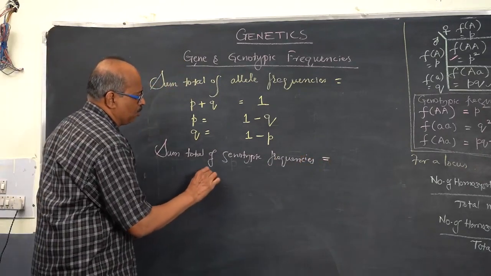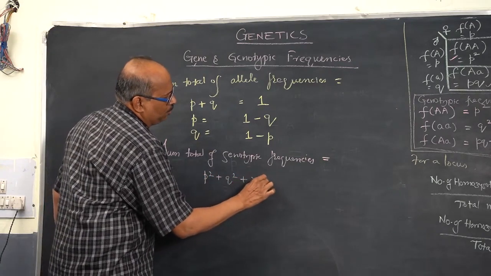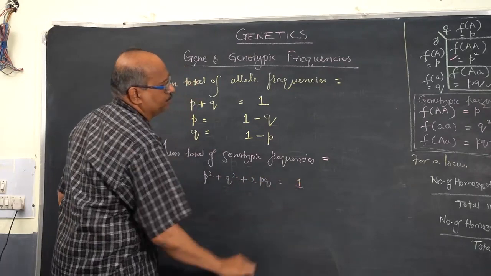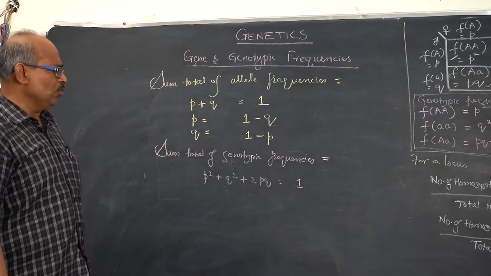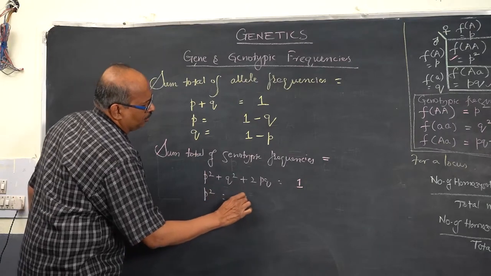That means P square plus Q square plus 2PQ equals 1. If I know two frequencies, I can find out the other frequency.